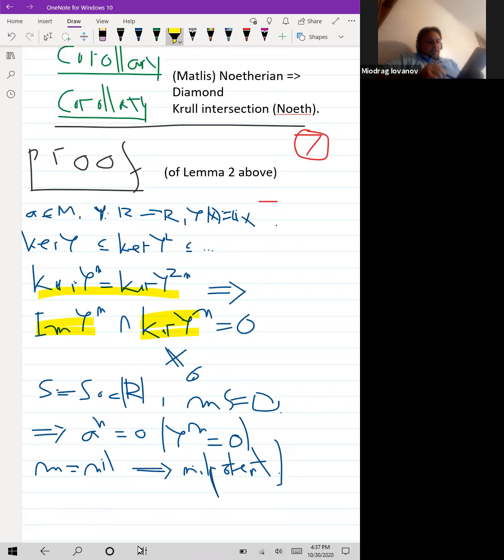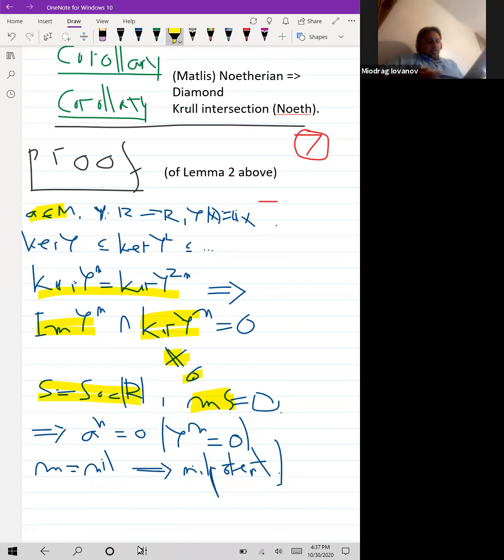But the other thing is, you notice that the kernel of phi^n is actually not equal to 0. The reason is that you have simple socle, and that's a simple module, so it has to be annihilated by m. If it's annihilated by m, it has to be annihilated by this element that we started off with. Therefore, it has to be in the kernel of any power of this map phi.